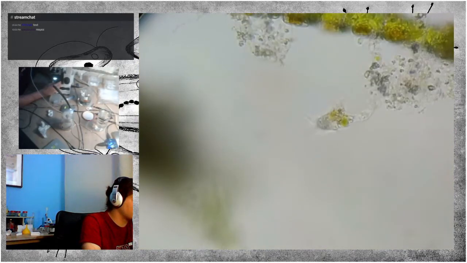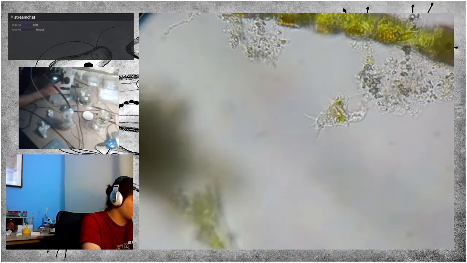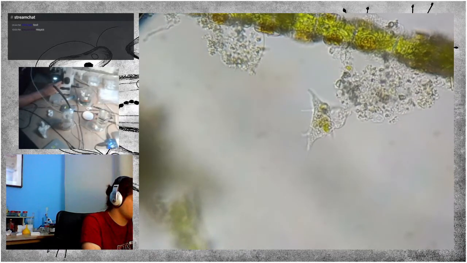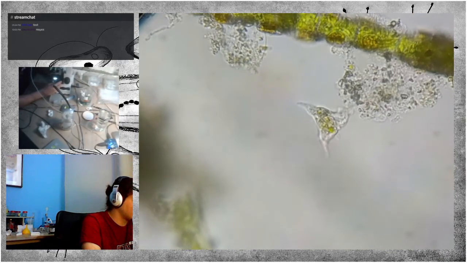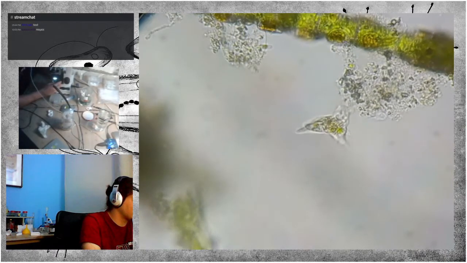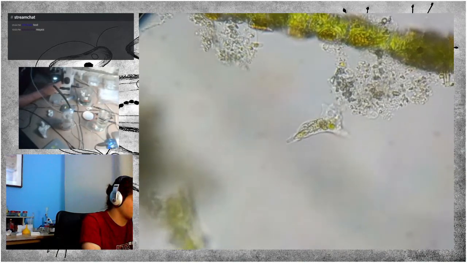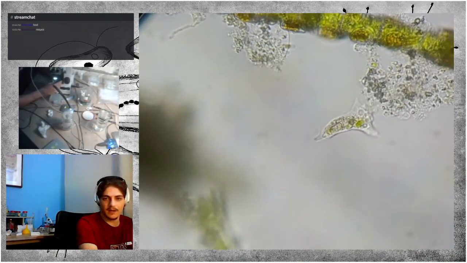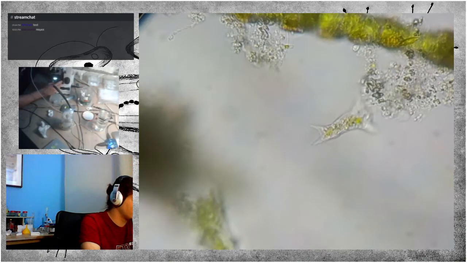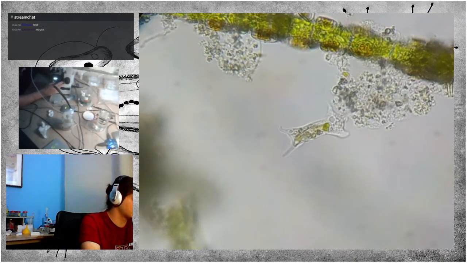Oh, here is an amoeba. This is another species of amoeba from a different category. It seems to have eaten a few diatoms. You can see one right at the end of the pseudopodium, and also you can very clearly see the cytoplasm moving inside the cell.